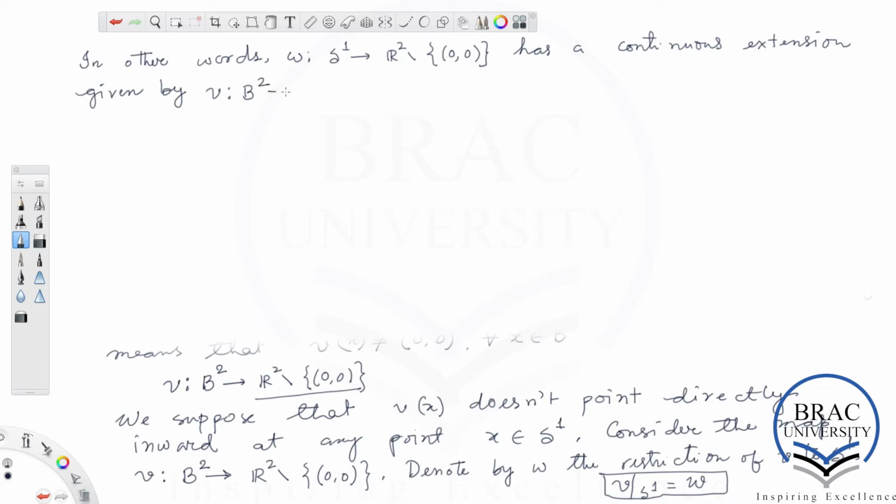Which is a map from B2 to the two-dimensional punctured plane.